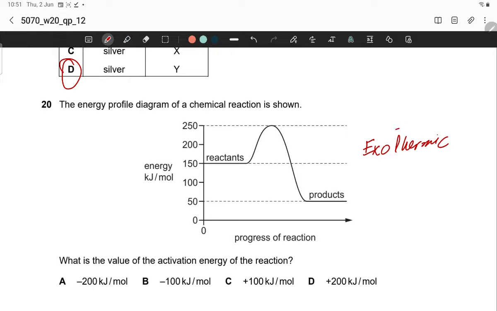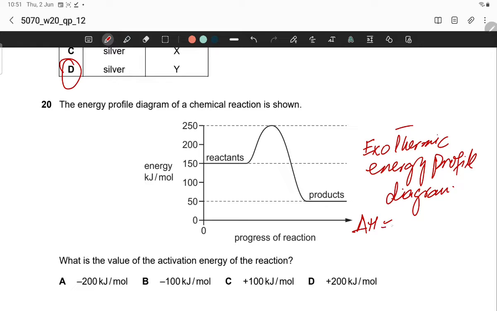In the energy profile diagram, initially the reactants are at 150 and the products at 50. So 50 minus 150, that is minus 100 kilojoule.